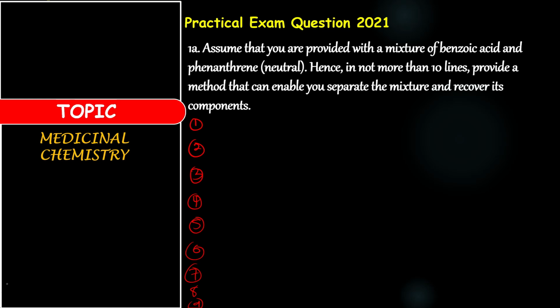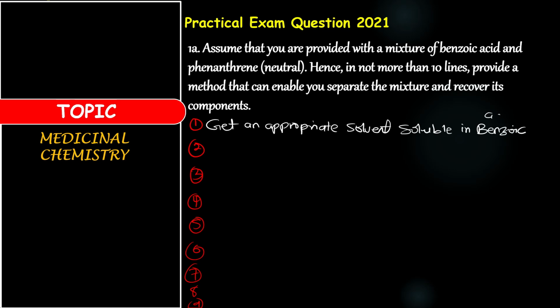Now, 1, you are now going to write: get an appropriate solvent that is soluble in benzoic acid but sparingly soluble in phenanthrene.